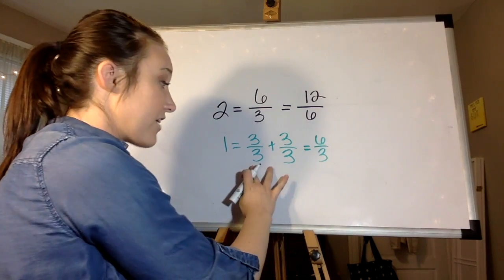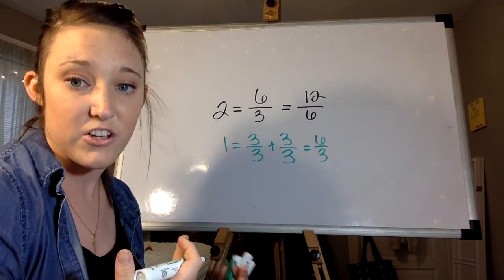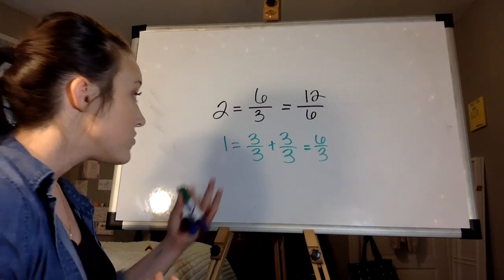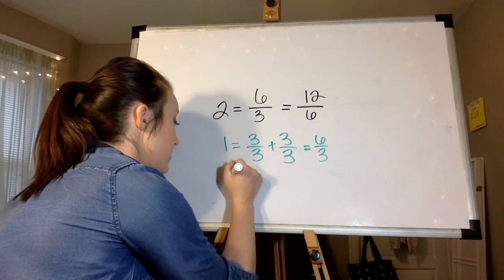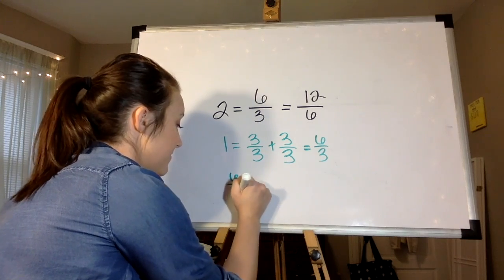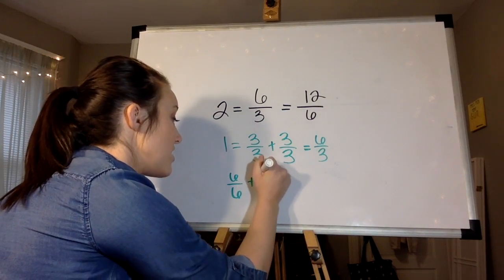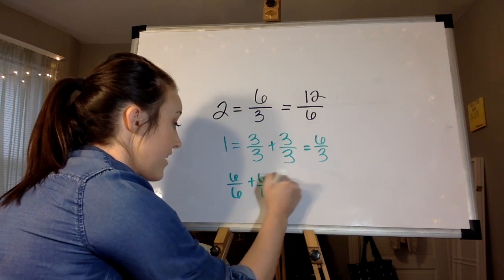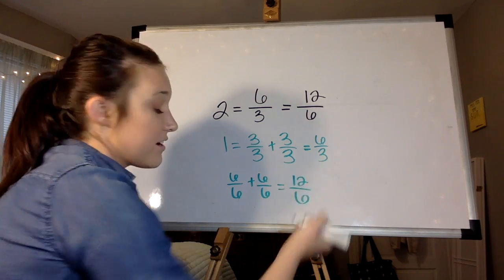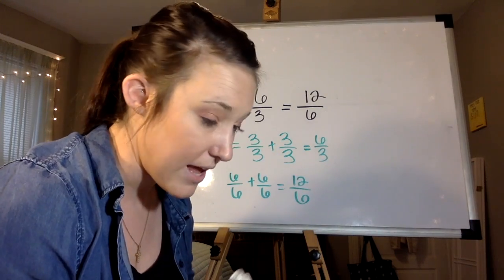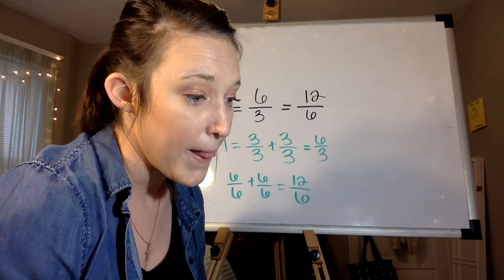When we're adding fractions, if your denominators are the same, you're not adding the denominators, you're adding the numerators. So we do the same thing with 12. So if I know 6 over 6 is 1, I'm just adding another fraction set of 6/6 to give me 12/6. So you can do the same thing with number 4 and number 5, okay?